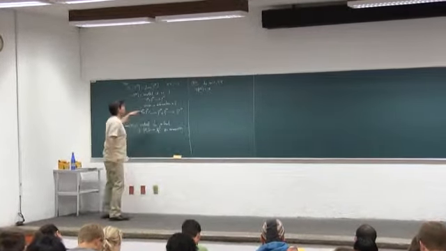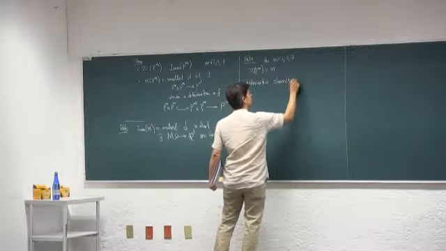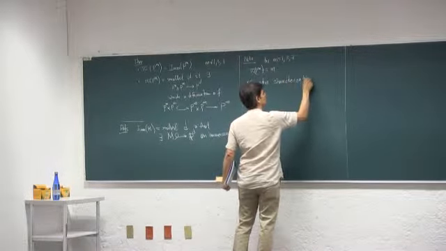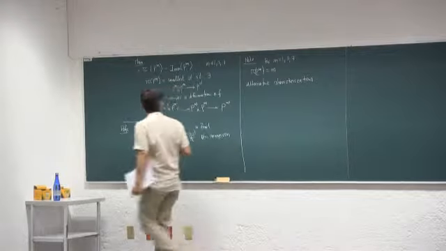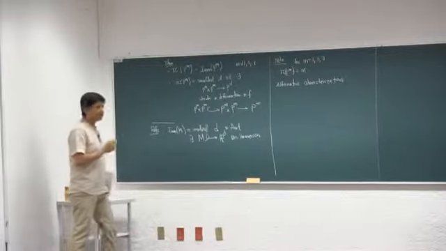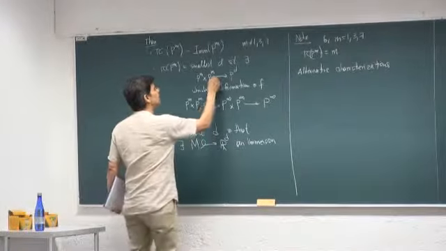Now, alternative characterizations of the topological complexity: there is another way of calling such a map. These kinds of maps are also called axial maps.